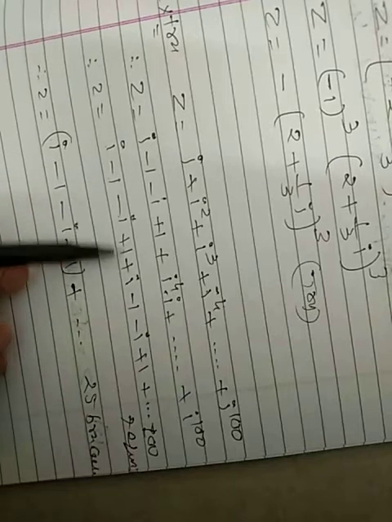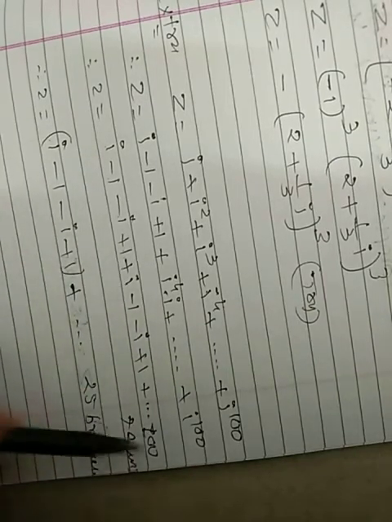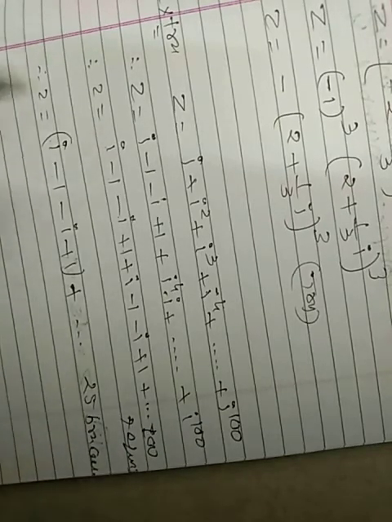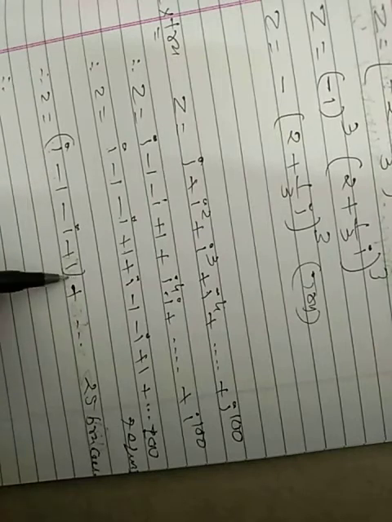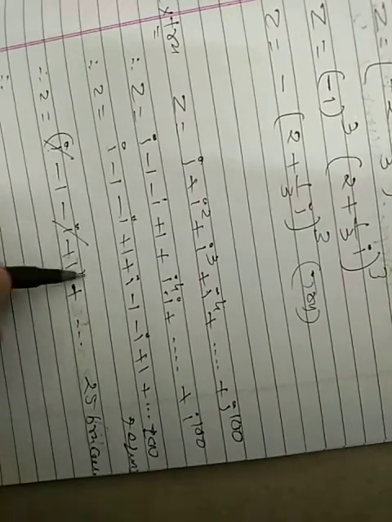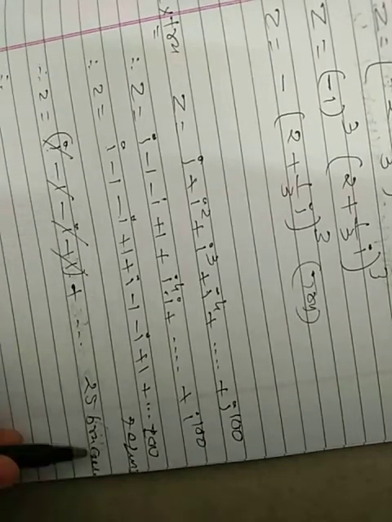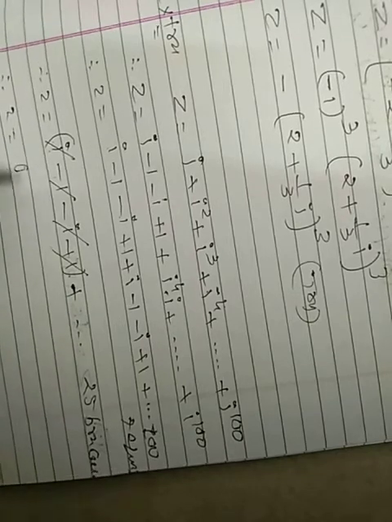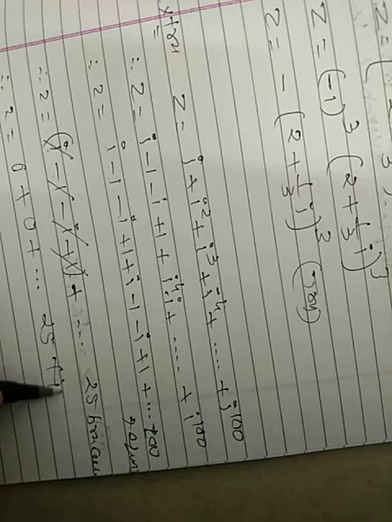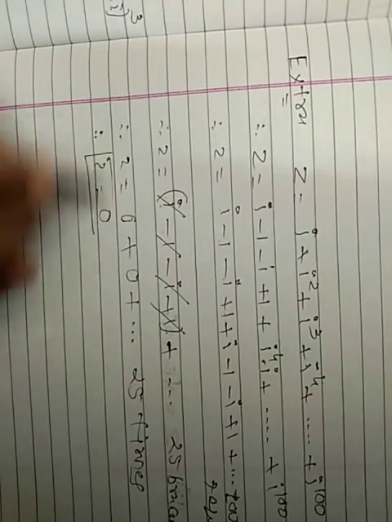After every 4 terms, the terms are repeated. This is 100 terms, that means this is 25 brackets. Every 4 terms make one bracket. Therefore i minus 1 minus i plus 1 cancel. That means each bracket is 0, up to 25 brackets, that means 0 plus 0 up to 25 times. Therefore the answer is equal to 0.